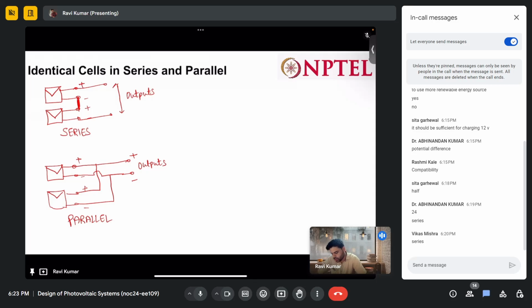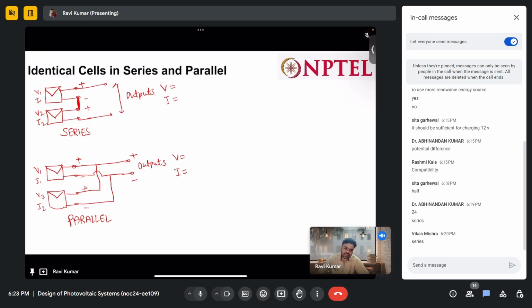So the total output V, let's say V1, I1, V2, I2. V and I at output. How much will it be?